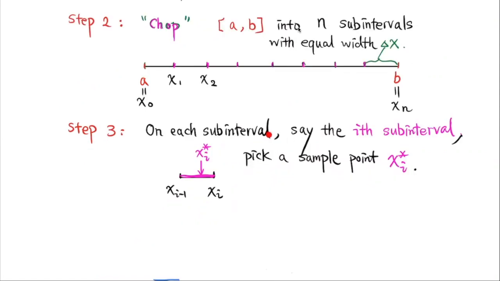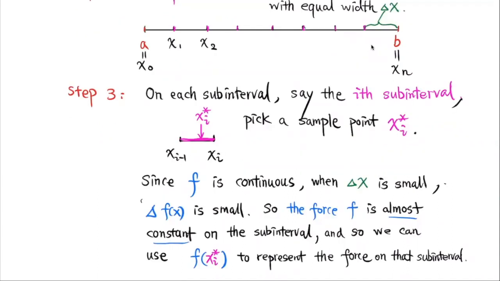On each subinterval, say the i-th subinterval, let's pick a sample point xi star. xi star is just any arbitrary point in this subinterval. Now, because the force function f is continuous, a small change in x is going to produce a small change in the function value.